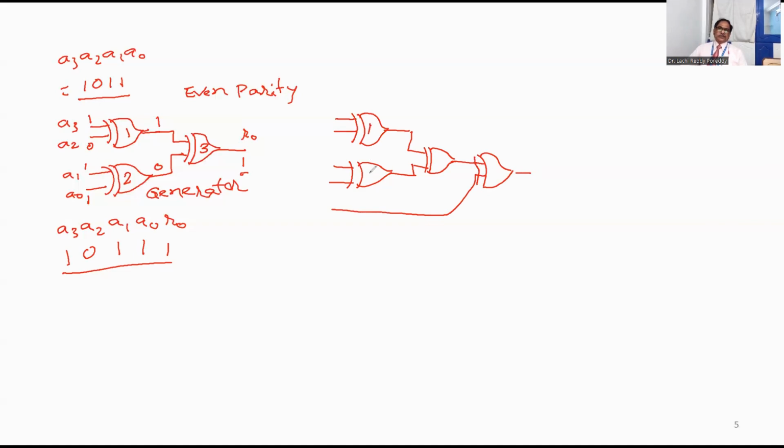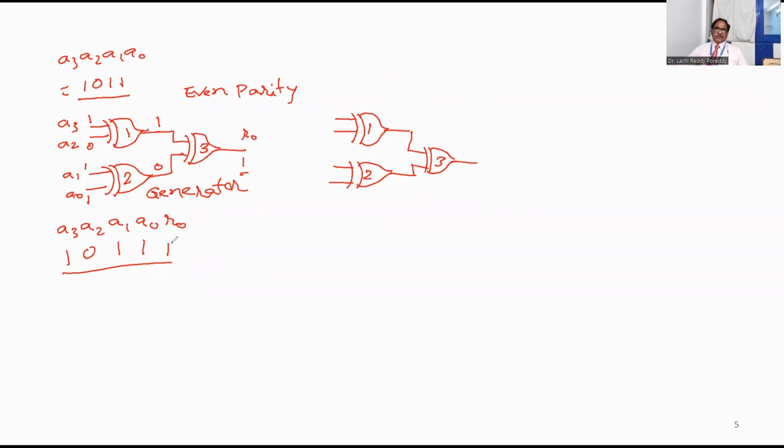So this is XOR gate 1, 2, 3, and this is the fourth XOR gate.